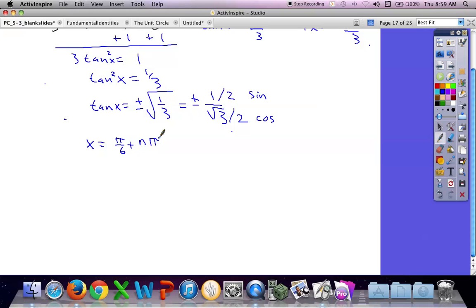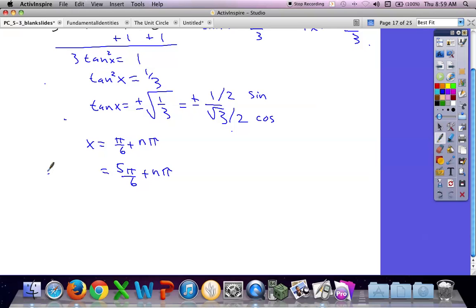That'll give you all the adding pi halfway around the circle. And for the other one, that was 5 pi over 6, 5 pi over 6 plus n pi. Right, that will get us all of those angles.